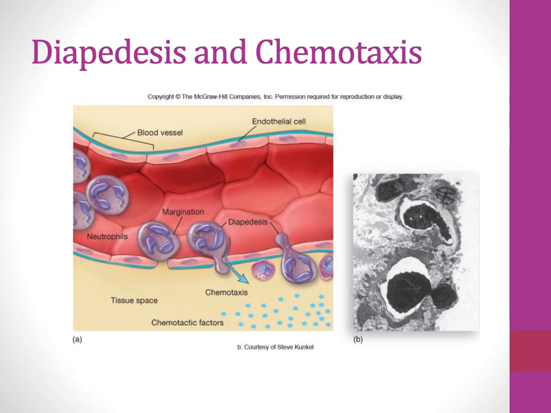An important process with inflammation: we said that these cells get into the site where we have inflammation, and it's through a process of diapedesis and chemotaxis. Chemotaxis is where we have these chemical signals, like the histamine, but we would also have other factors being produced by the tissues.